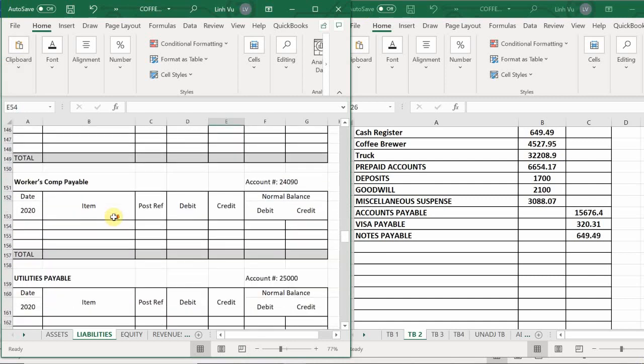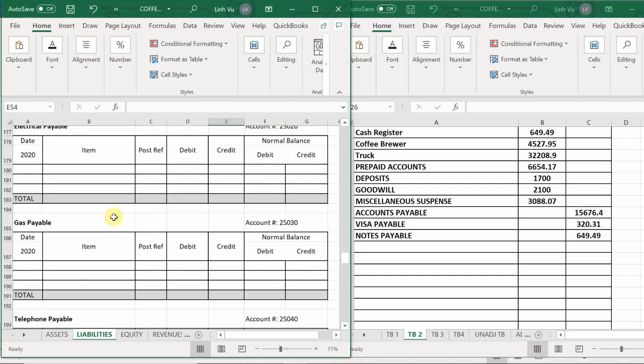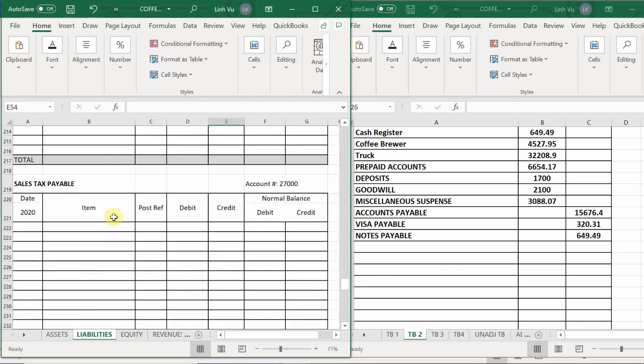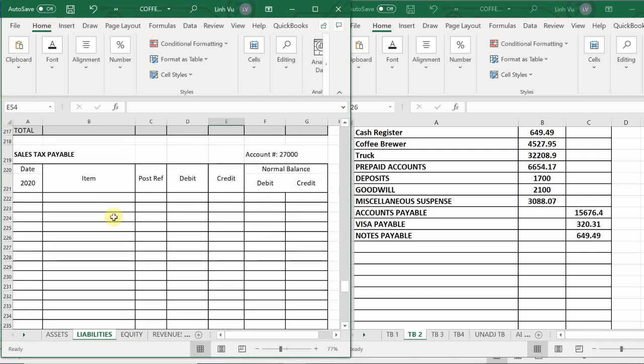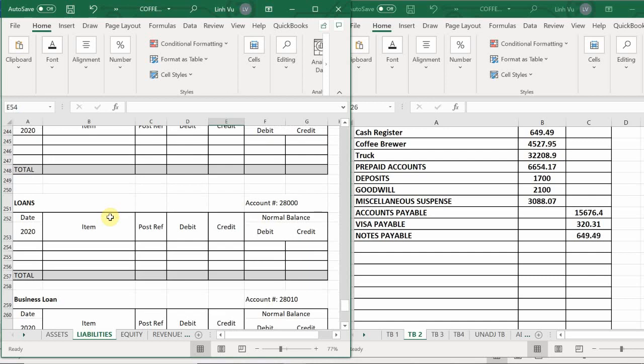So we could skip all of these payables and liabilities. We have utilities payable, nothing there. Unearned revenue, not yet. We haven't opened our business yet. Sales tax payable, we haven't opened our business yet. Interest payable, not yet.